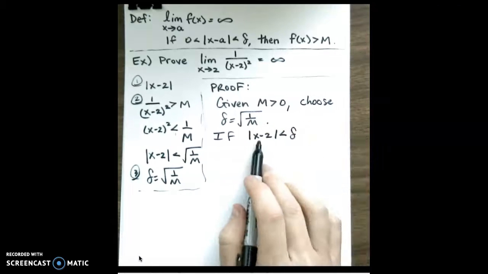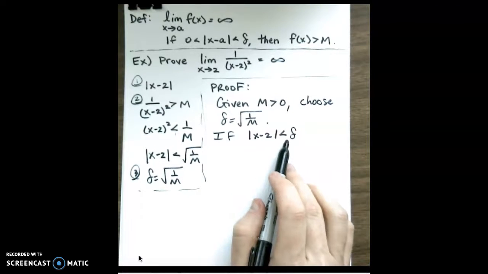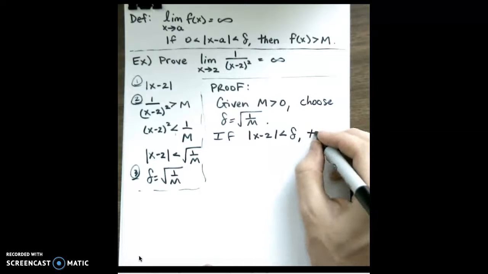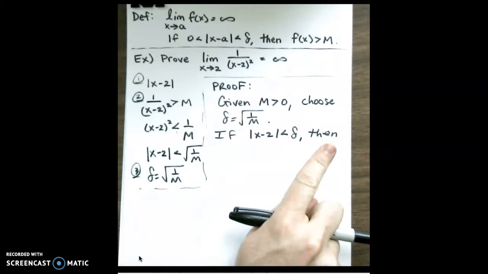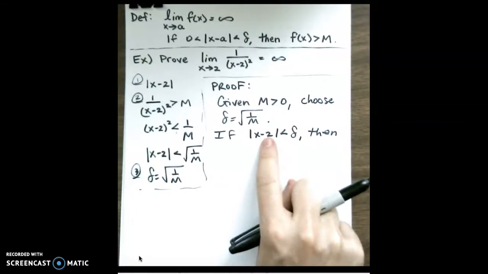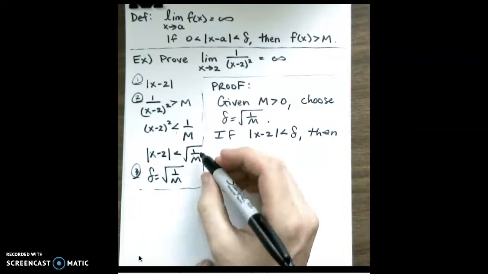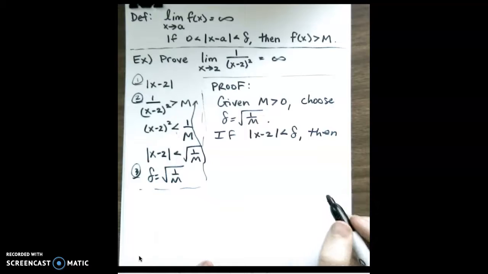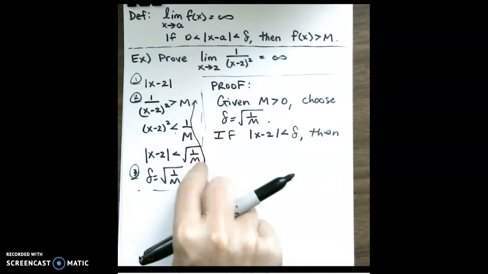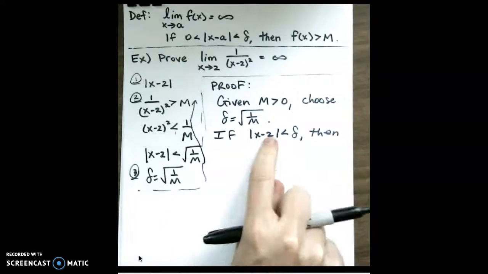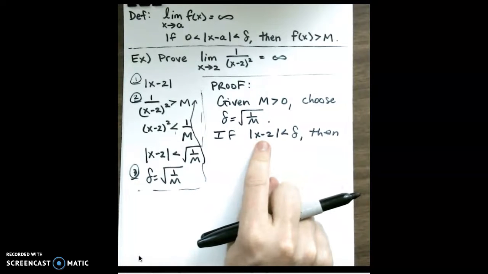So if x minus 2 absolute value is less than delta, then... Now, usually we would jump to our function, but what we're going to do is just work with x minus 2. So everything we did here, we're just going to go backwards. We're going to go backwards because we started with our conclusion, and that's where we want to end in the proof. So we're going to manipulate this.